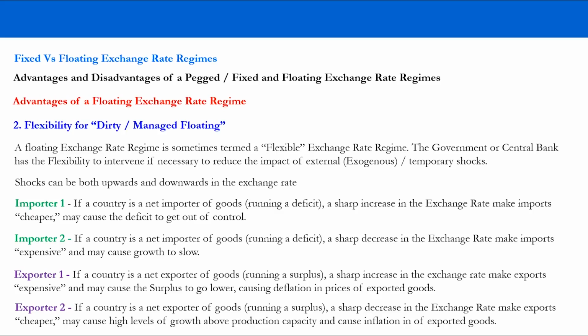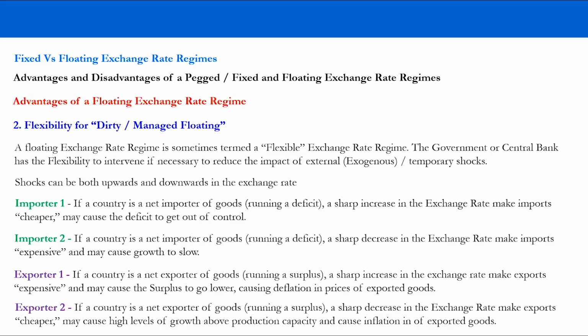If those imports become more expensive, then this can have a negative effect on your industry, because it can decrease margins now that the import prices are more expensive. So with an importer, both an upwards movement and a downwards movement in your exchange rate can have both positive and negative impacts.